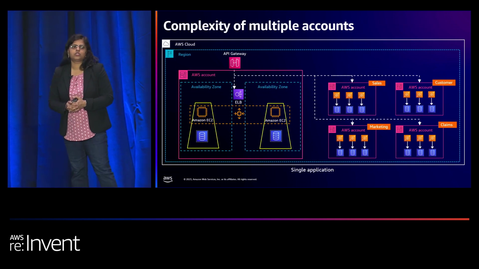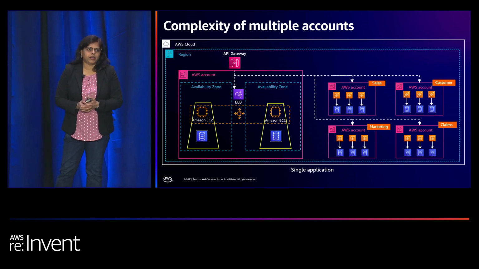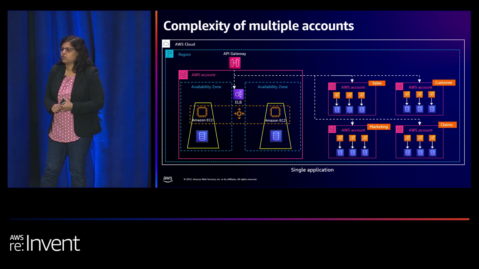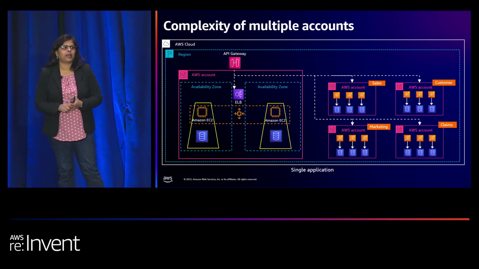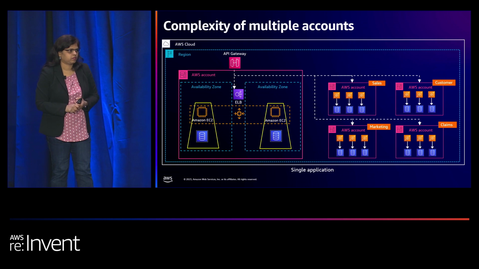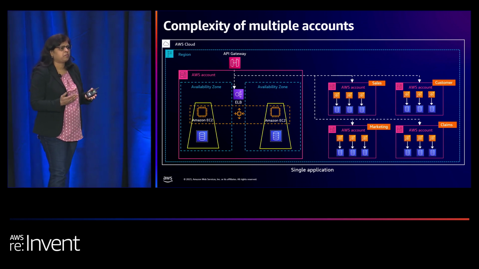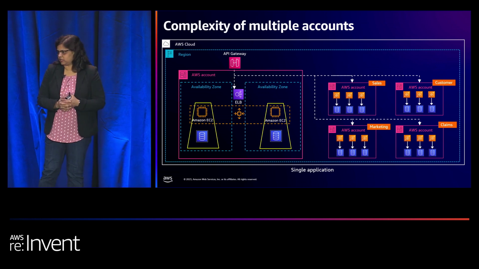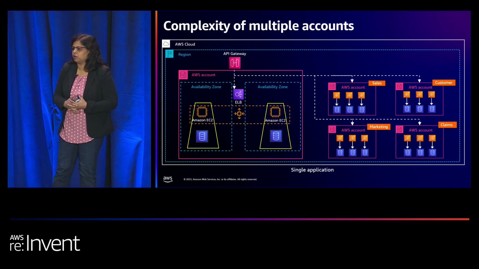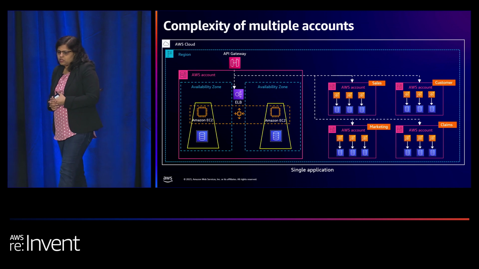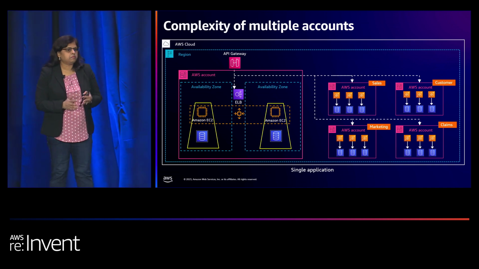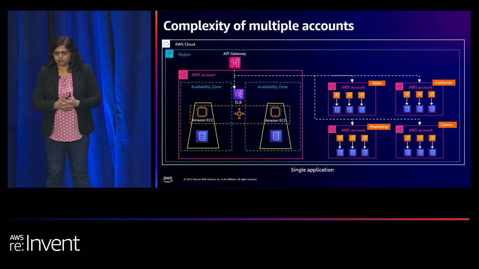This is all good so far, but what if you have tens or hundreds of these smaller microservices that you are running? You may have many different teams that are actually servicing these microservices. Think of Amazon.com. That is where we recommend that you look at our multi-account architecture.